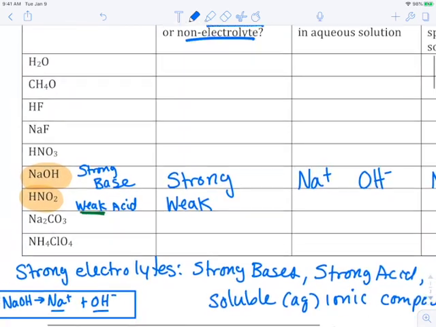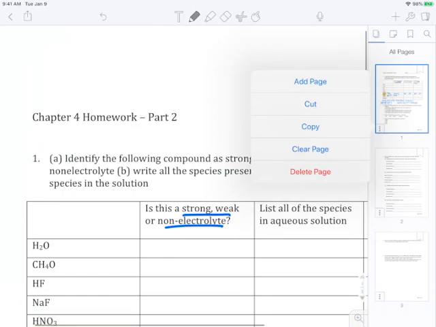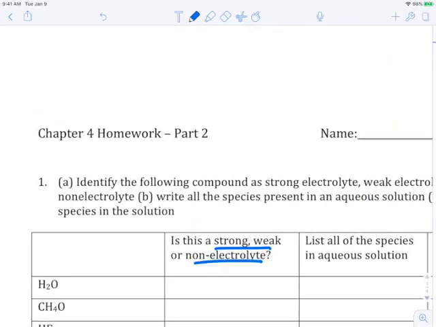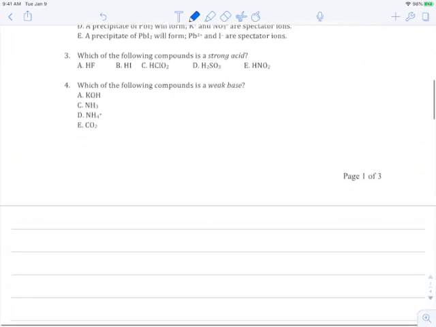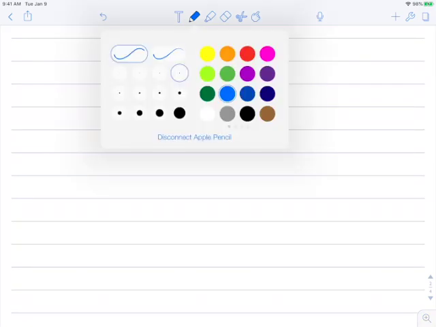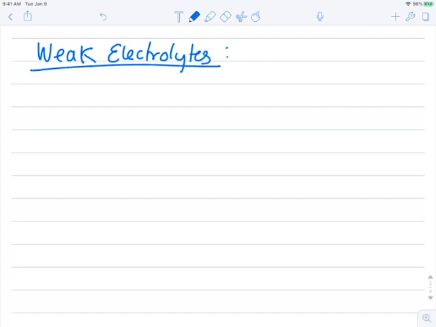So let's just go over our weak electrolytes. I'm going to add a page in here. All right, so our weak electrolytes are going to be weak acids and weak bases.